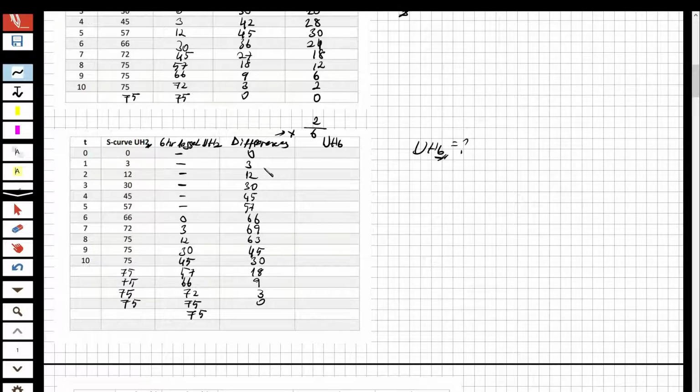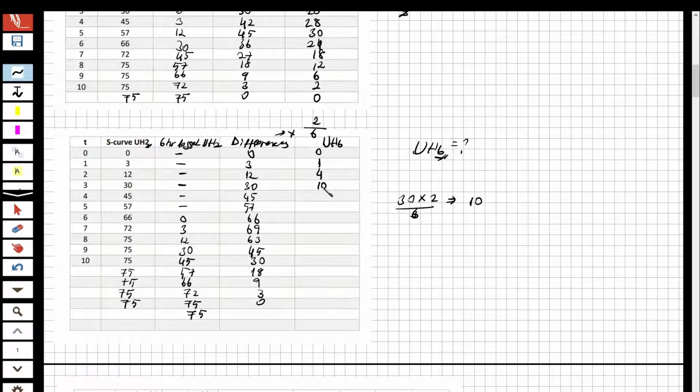So let's do it. For this one, 3 multiplied by 2, 6 over 6, 1. This is 0, this is 1. 12 multiplied by 2, 24, and over 6 is 4. So it's going to be something like that. Let's write it here, just 1. 30 multiplied by 2 over 6: this is going to be 60 over 6 is 10, right?